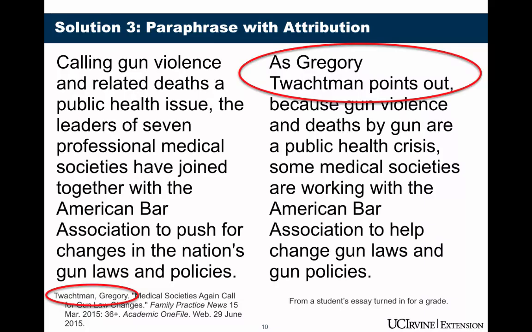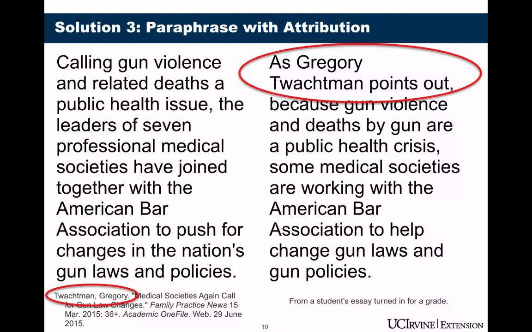That's because the student used paraphrase. Paraphrase means to change the words and grammar, but not change the meaning. So the student used his own words and grammar to repeat the idea of the source.